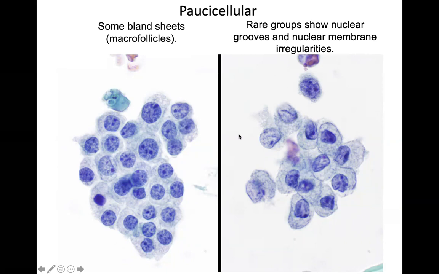You may not even have any sheets of cells. You may just have these rare clusters. Usually this diagnosis is made in paucicellular specimens, because you don't really have enough cells to push it to 1 or to push it to 5. So often this is one of the diagnoses in the middle.